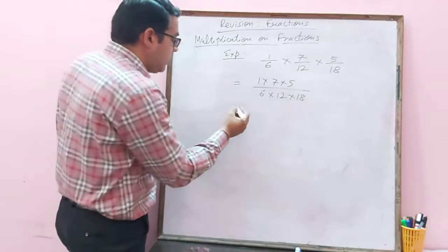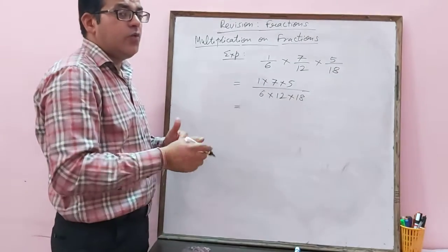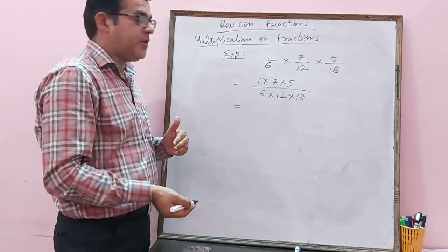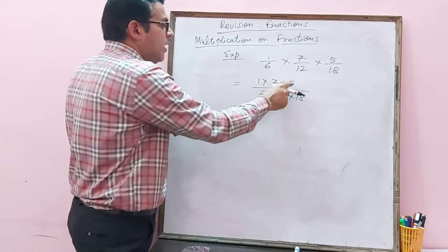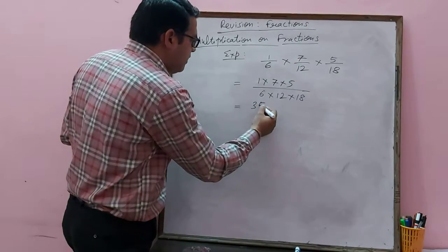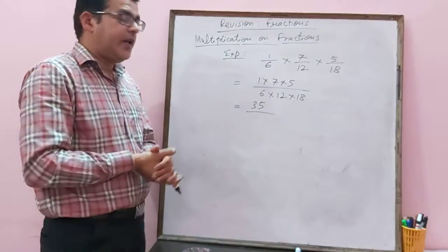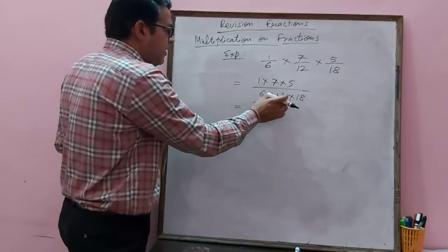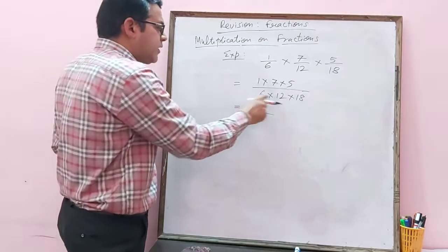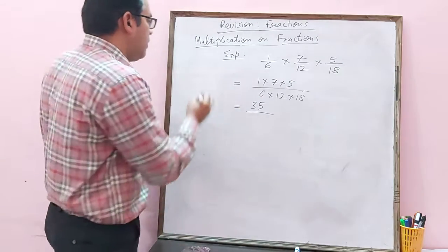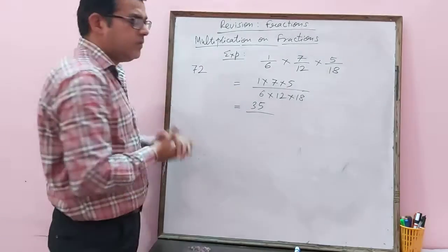Then what to do? Simply we have to multiply each and every term. So 1 7s are 7, 7 5s are 35, we can write it. Downside also we have to multiply all three together. So 6, 12. 12 into 6, we know, is 72.